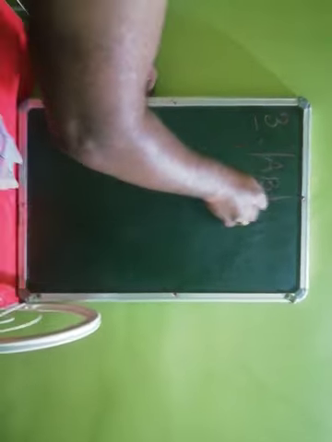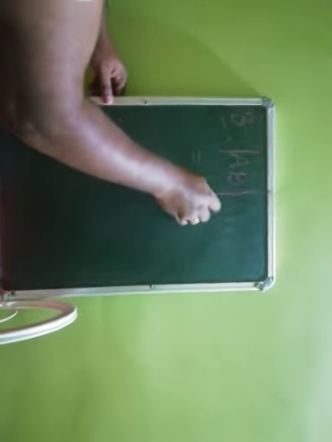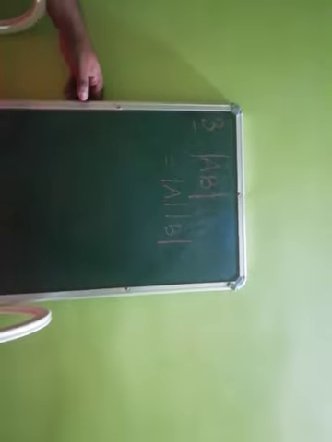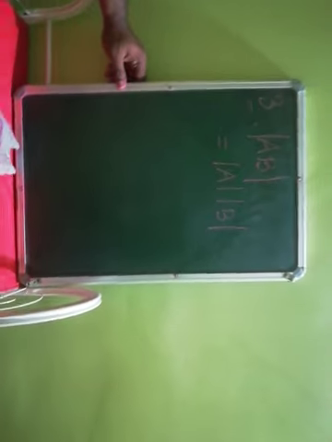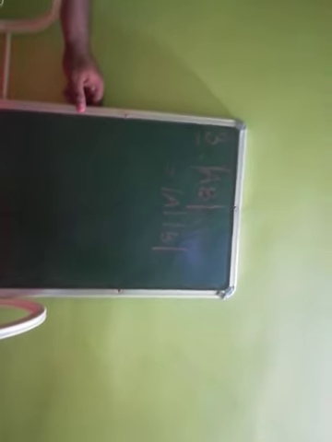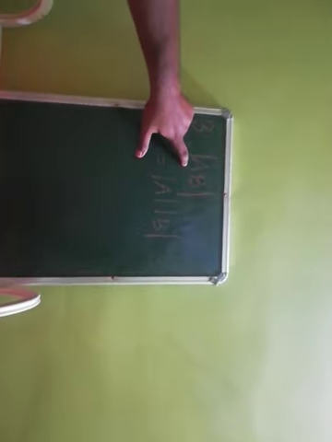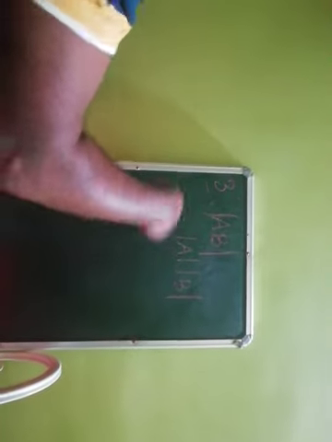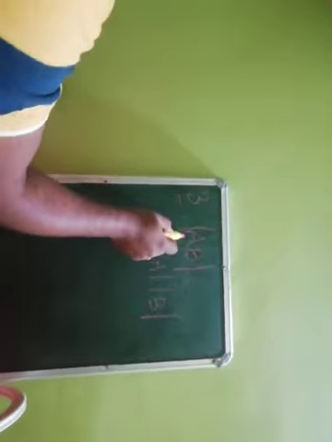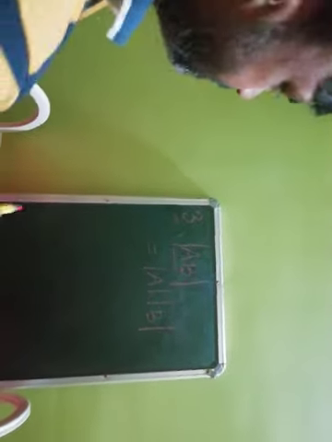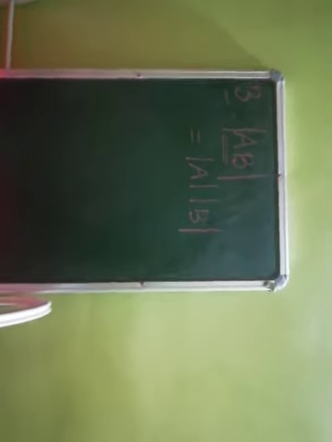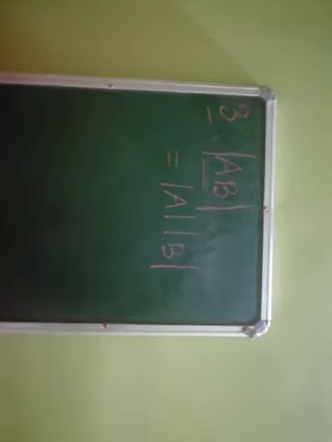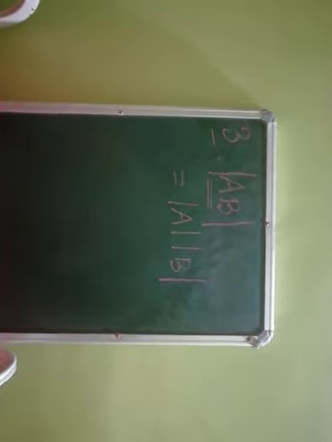That is, the third result: determinant of AB is equal to determinant of A into determinant of B, where both A and B are square matrices of the same order. Why are we focusing on the same order? If they are not of the same order, we can't find AB. That's why. So that was our third result: determinant of AB is equal to determinant of A into determinant of B.